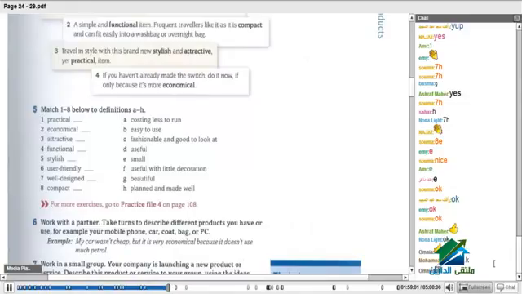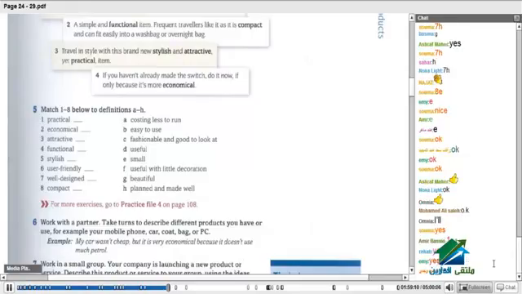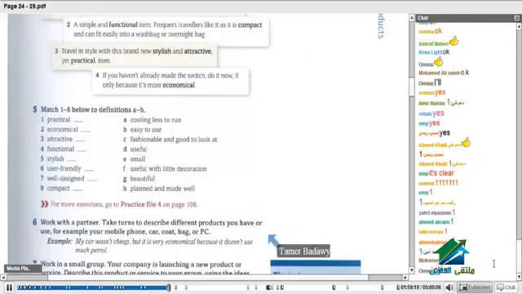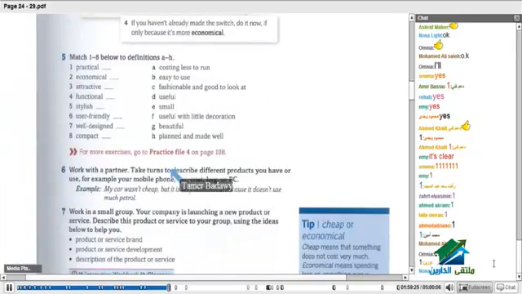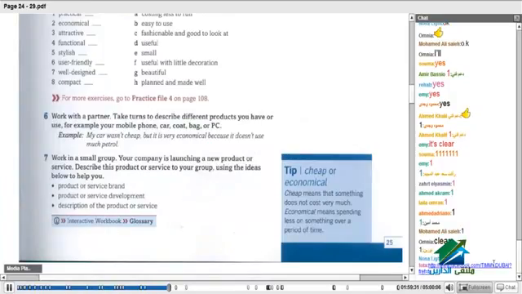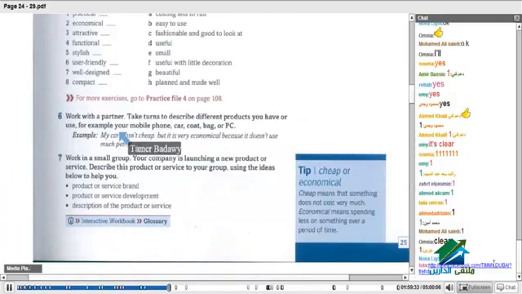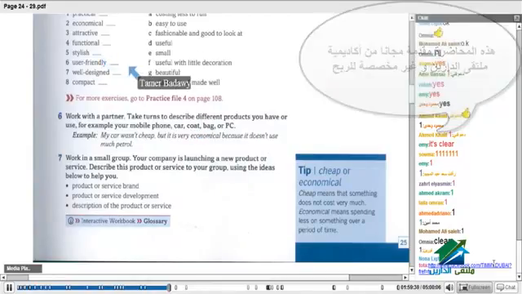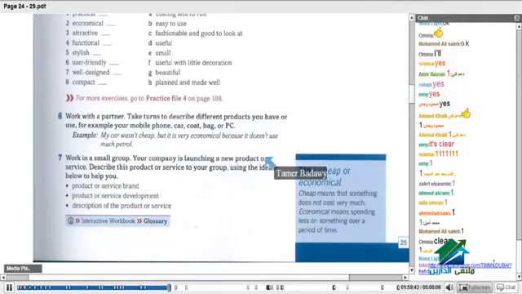You guys are following me? Is that clear? If so, please press 1 quickly. Okay, that is amazing. Work with a partner to describe different products you have or use, for example, your mobile phone, your car, your coat, your bag. You can use these descriptions to describe any product.